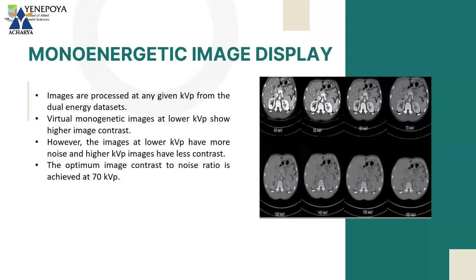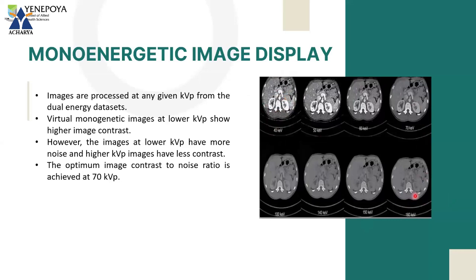If I explain with this diagram, this is the image taken at lower kVp. This is the optimum 70 kVp image, and this is the 160 kV at the higher kVp. When you see this, you have very good contrast, but the amount of noise is also very high.